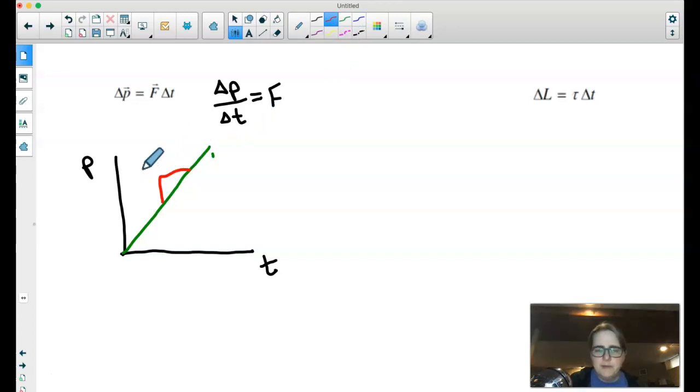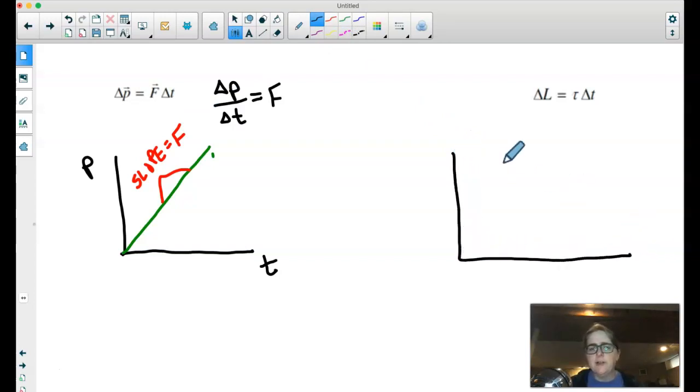And so we were able to figure out that the slope of a momentum-time graph equals force. We can do something very, very similar with angular momentum.